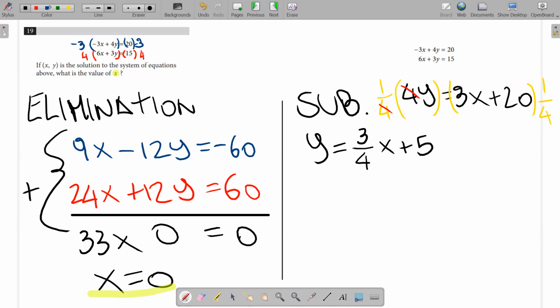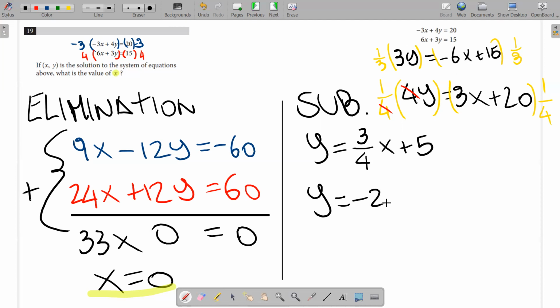We do the same proceeding for the second one, and that will be moving the 6x in the other side will give us -6. And then we will divide both sides by 3. Once we do that, what we will get is y equal -2x plus 5, because -6 divided by 3 is -2, and 15 divided by 3 is 5.